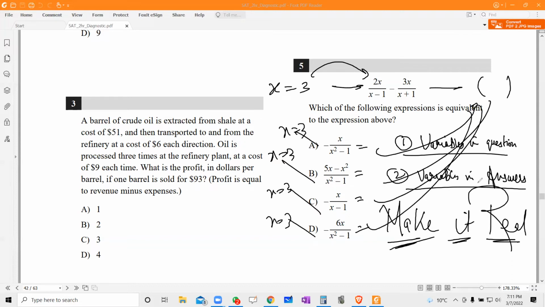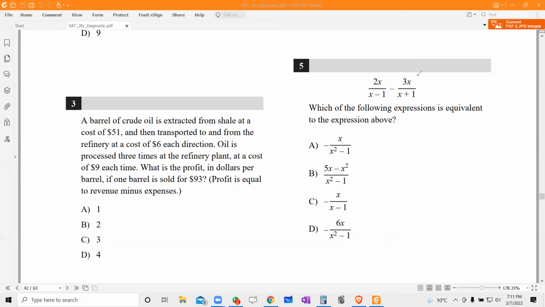If you don't get it, I'll repeat it. So can you tell me any number for x? Any good number. It will work for every number except maybe a few numbers. It is not possible for x to be 1. Why? Because 1 minus 1 will be 0, and if this is 0 in the denominator, it'll be not defined.